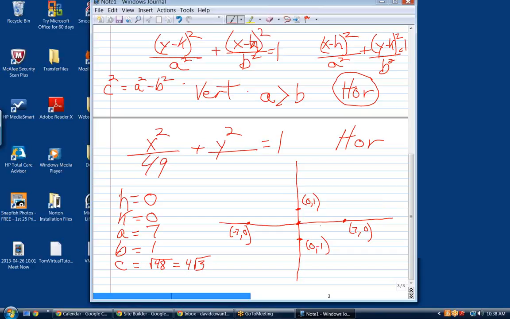And the foci. Do the foci go on the inside or the outside of it? Inside, always on an ellipse. In other words, our ellipse is going to look like this. The foci are always, I use X's for my foci to distinguish them. And what's the coordinate of these foci?